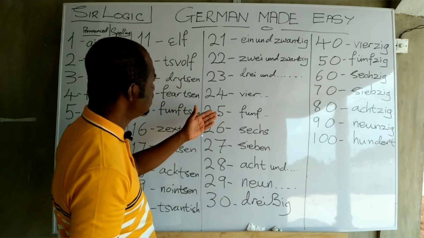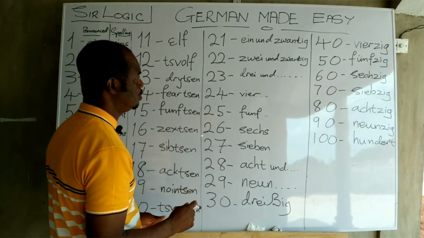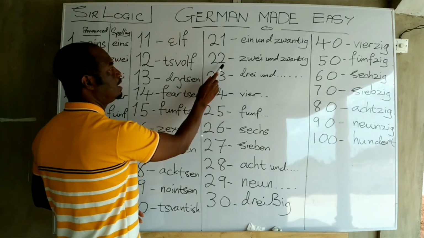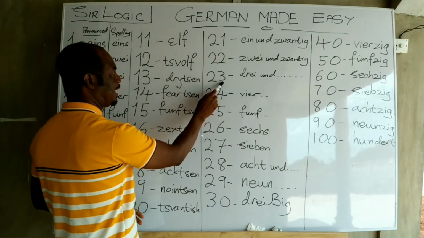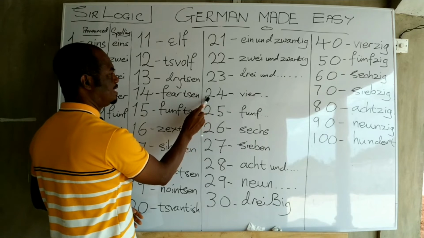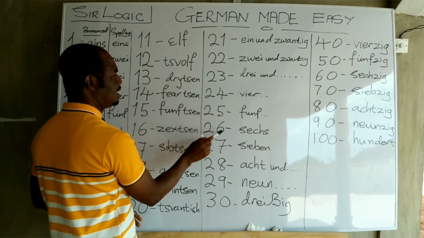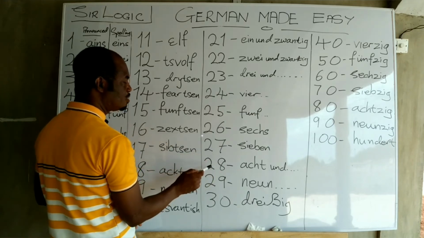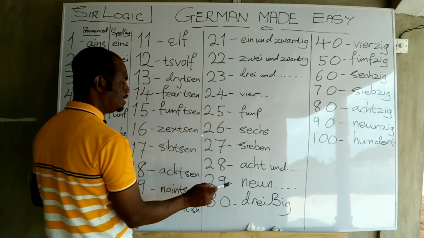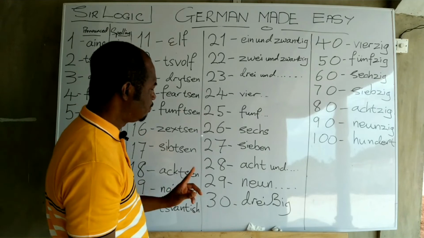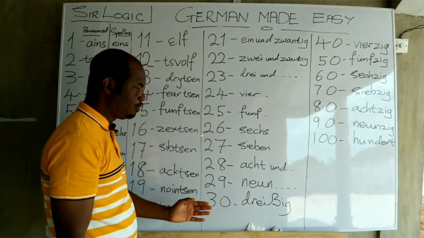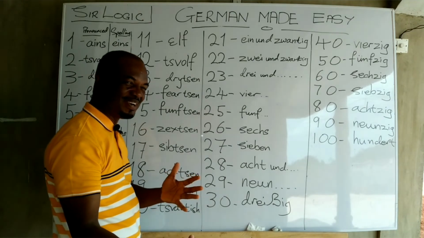Okay, so let's continue with this 21, 22, and then we go to 100. 21, 22, 23, 24, 25, 26, 27, 28, 29, 30. Now from 30, just as we started with 21, 31 will also be what? Tell me, come on.